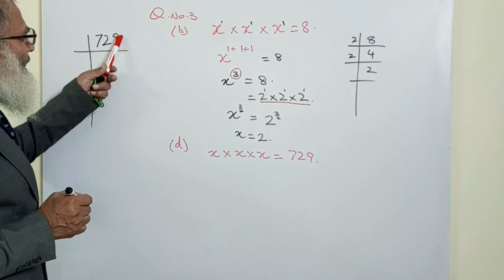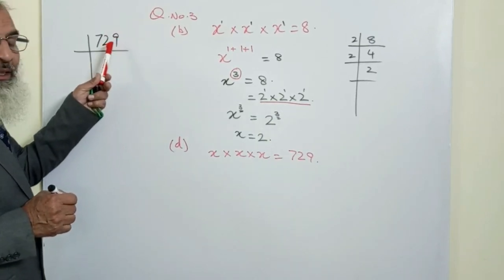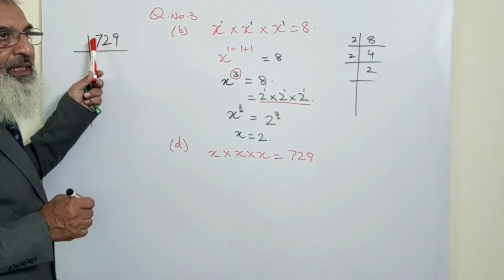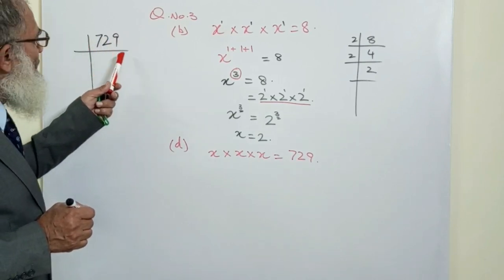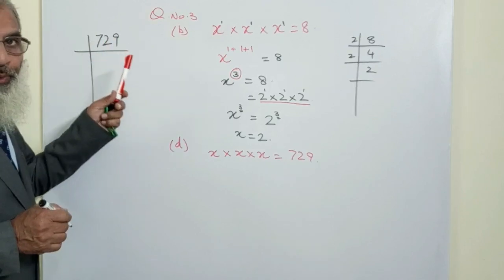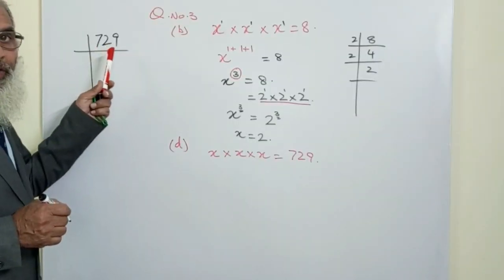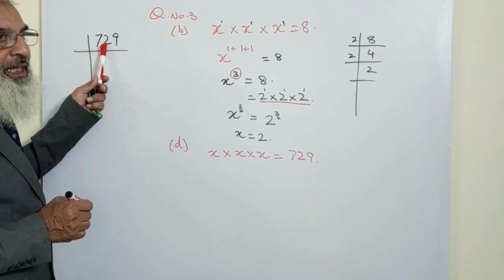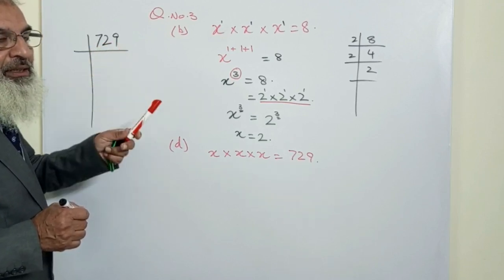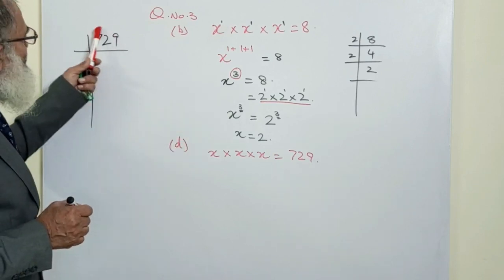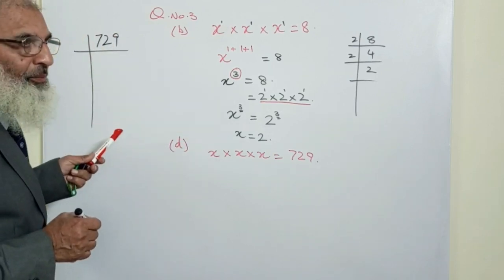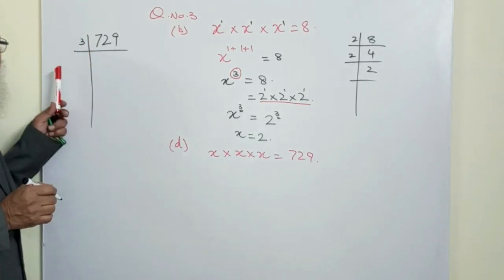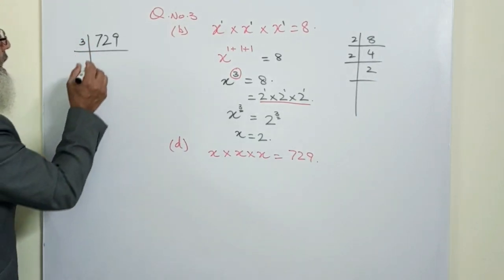Now you see here, 9 is written at the end, so it is not possible to divide it by 2. So let me check it for 3. Yes, it is divisible by 3 because 7 plus 2 is 9, 9 plus 9 is 18, and 18 is divisible by 9. So this whole number is divisible by 3. And the next possible is also 3.